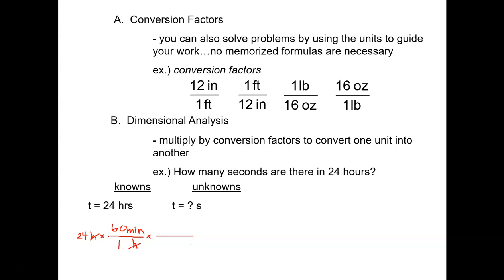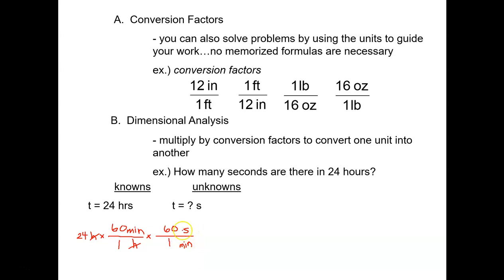The next conversion factor tells me that I need to get rid of minutes. So minutes is now going to go on the bottom of my next conversion factor. Well, can I change minutes into seconds? Sure, everyone knows that. There's 60 seconds in 1 minute.